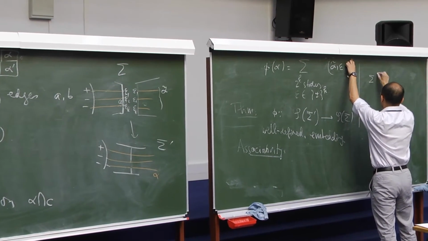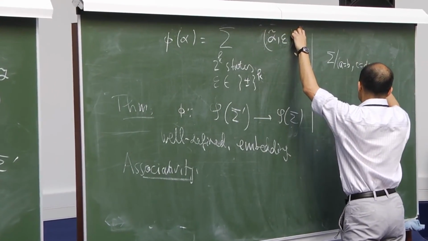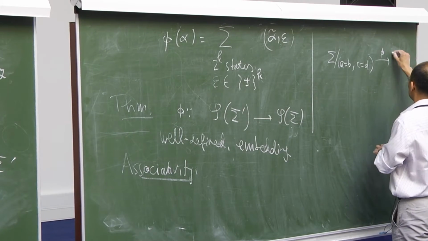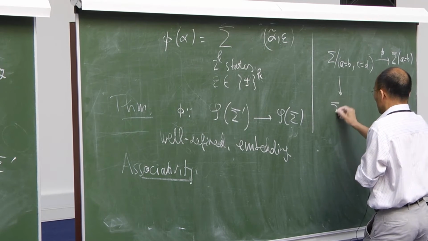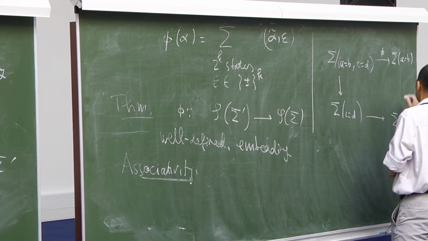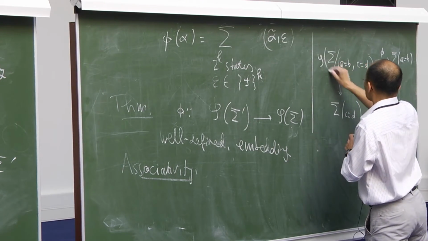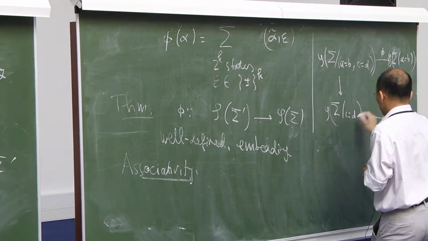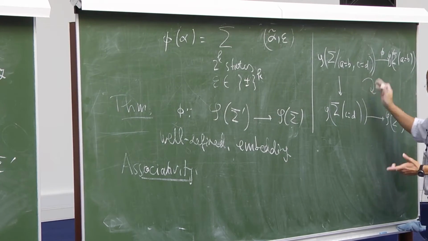If I begin with sigma over A equal to B, and then C equal to D, I can map by phi, and here you map to S of sigma. Then the diagram is commutative.